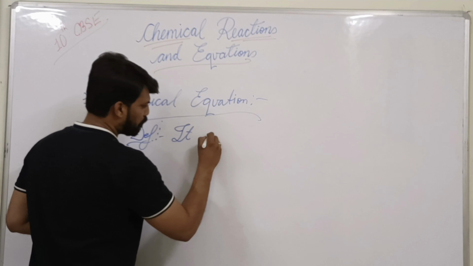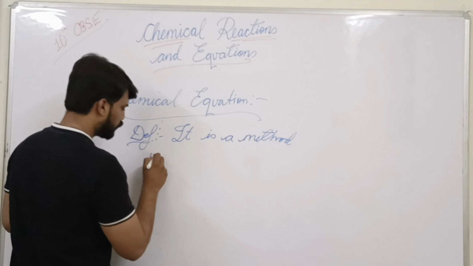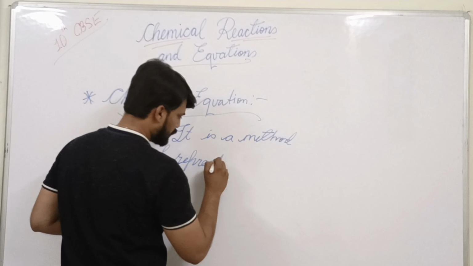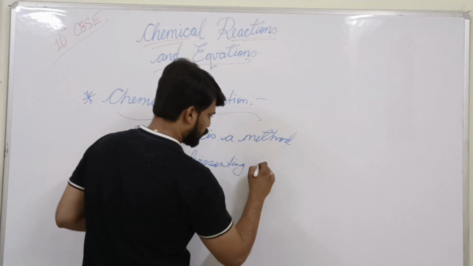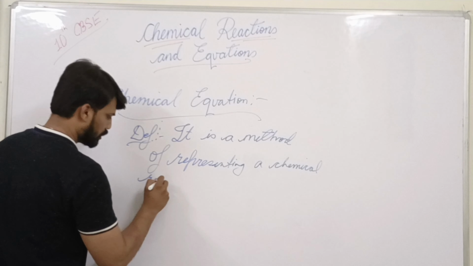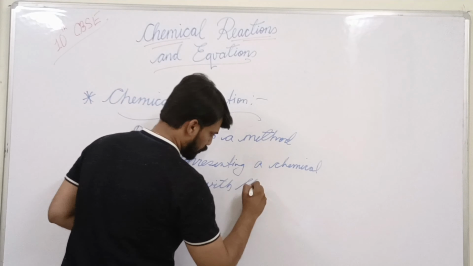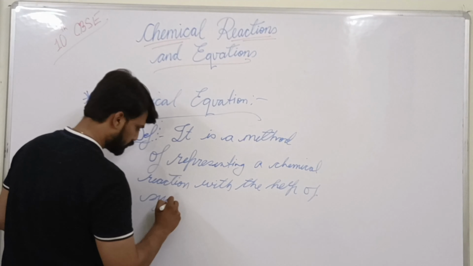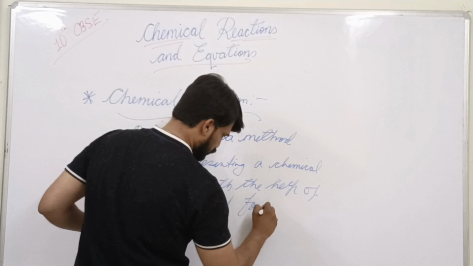How can we write the definition? It is a method of representing a chemical reaction with the help of symbols and formulas.